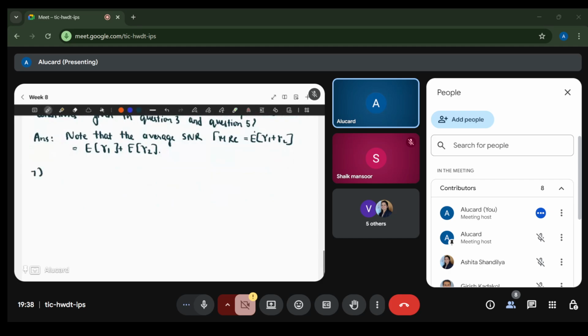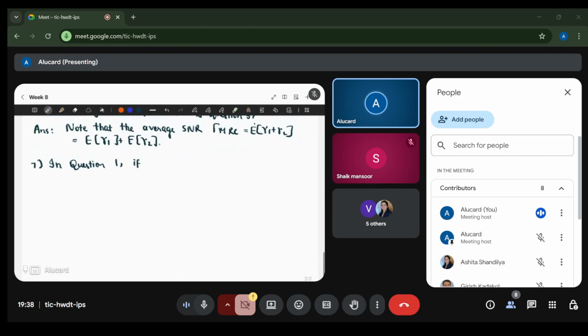Question 7. In question 1, instead of using MRC, we had done EGC. Find the average SNR after combining.